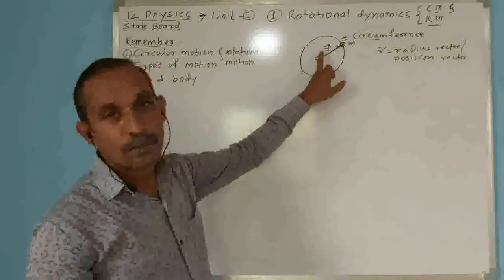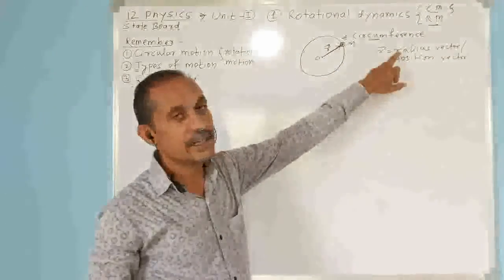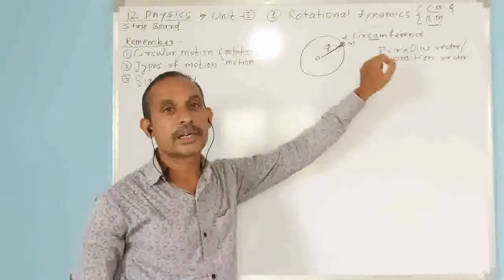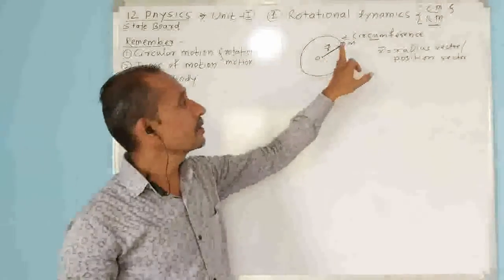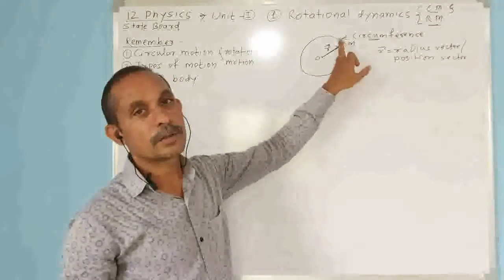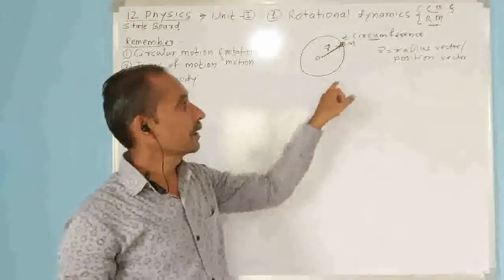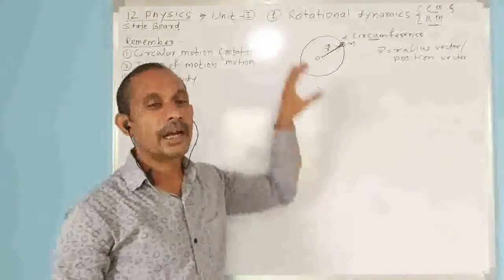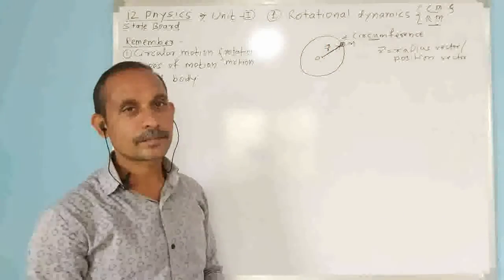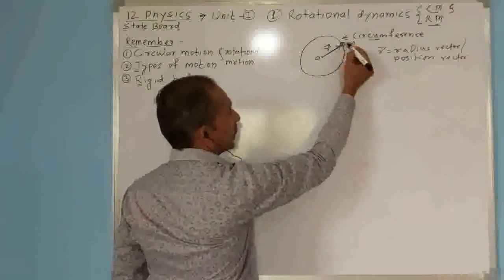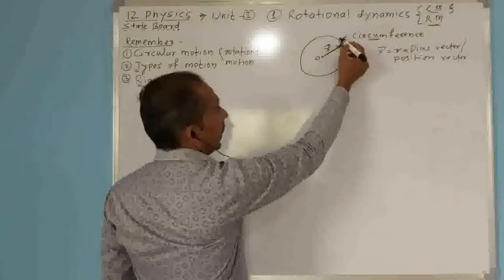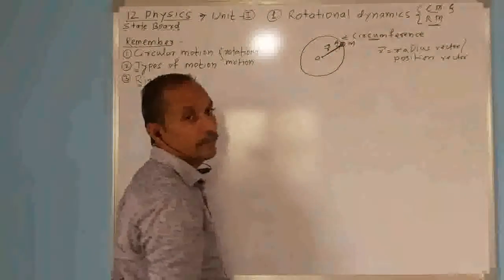This vector is known as the radius vector or position vector. Why is it called the position vector? Because it gives the position of the body or particle during the circular motion at any instant.